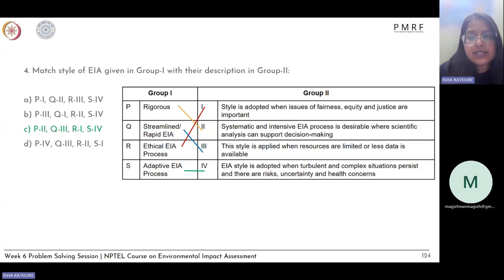Streamlined or rapid EIA is applied where resources are limited or less data is available. Ethical EIA process is a style which is adopted where issues of fairness, equity, and justice are important. And adaptive EIA process is adopted where turbulent and complex situations persist and there are risks, uncertainty, and health concerns. So the correct answer is C, that is P matches with 2, Q matches with 3, R matches with 1, and S matches with 4.